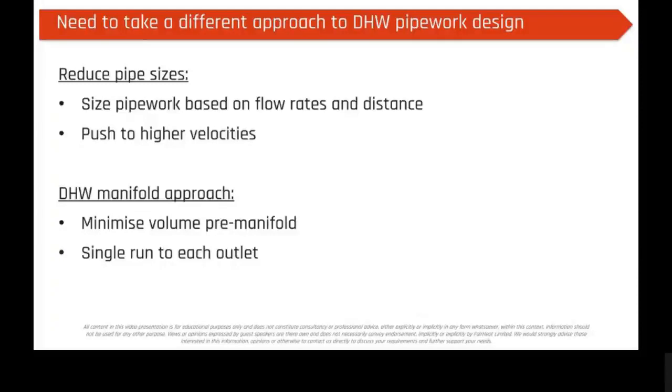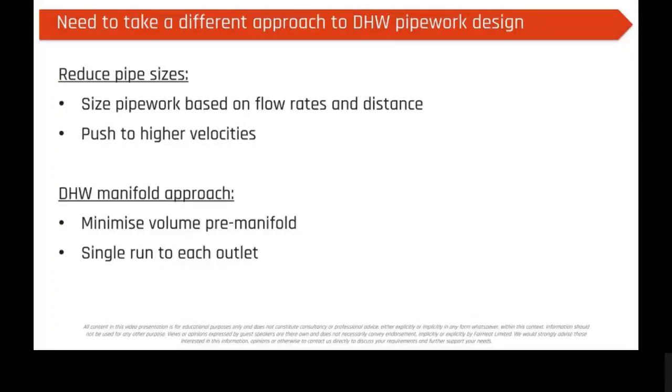If I'm sizing a 20 mil copper pipe to go from the HIU to that bathroom and then only drop down to, say, a 15 mil pipe at the bathroom to supply my wash hand basin, that 20 mil pipe, when I'm only pulling 4 litres a minute through it, takes a long time to clear that volume of cold water that sits in that pipe in between hot water usage.